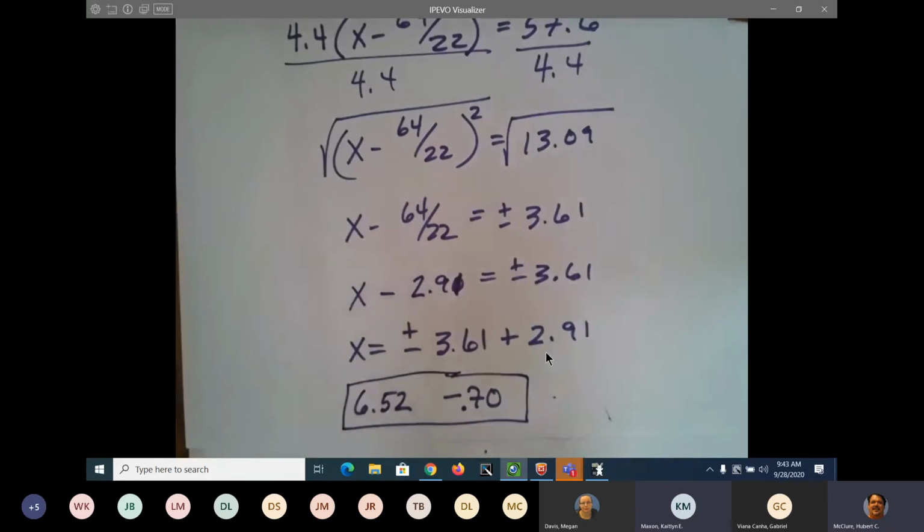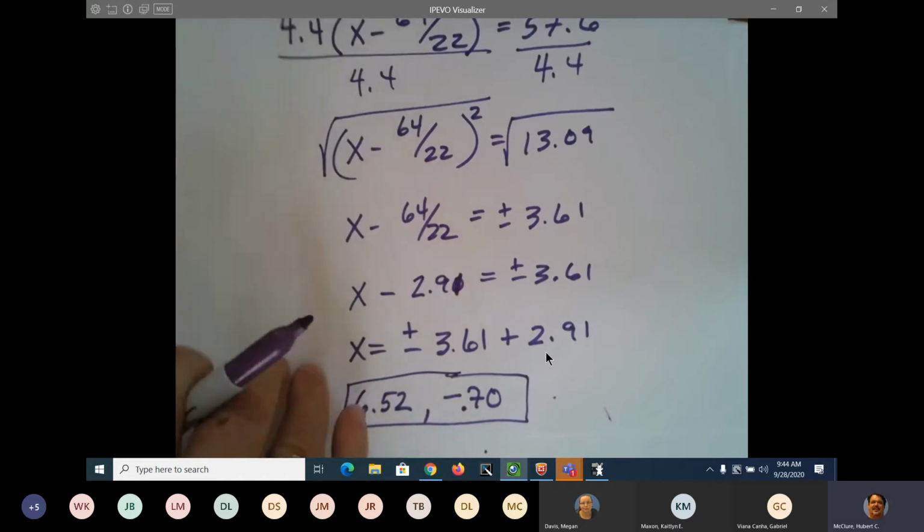And did you get 6.52 when you added the positive 3.61 and positive 2.91? Yeah, it's 6.52. Okay, so I think we've got enough to draw our graph to see if we've done everything right. And remember, the graph is just to see if everything lines up. If everything lines up, chances are you've done everything correctly. That's what the graph is for.